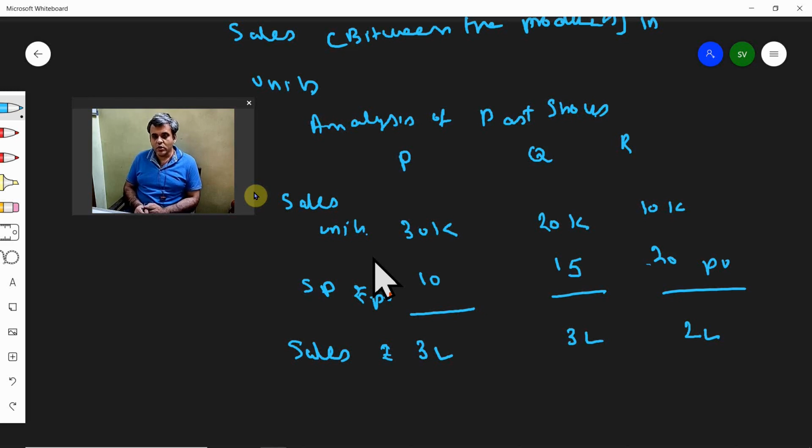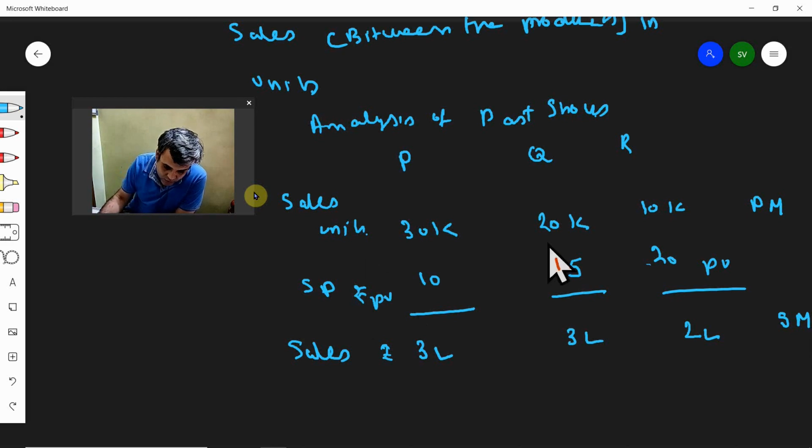That ratio is what we understand as product mix. And this ratio is called the sales mix. SM here means sales mix.